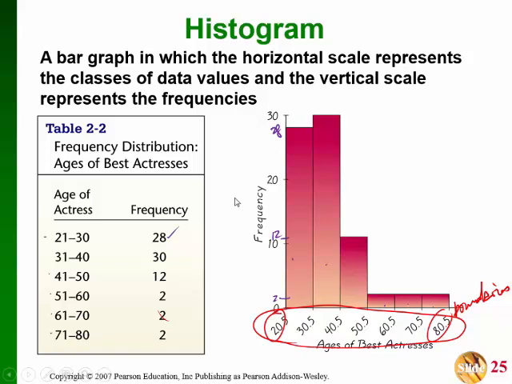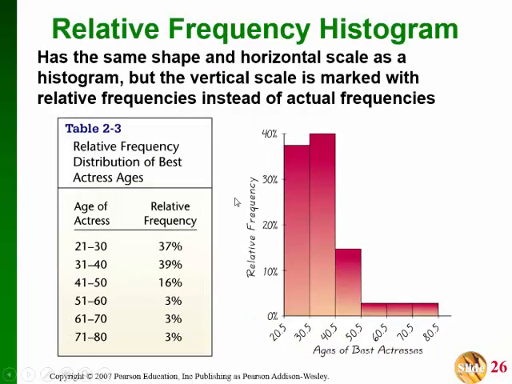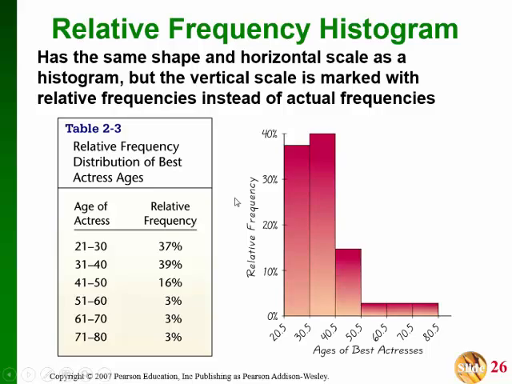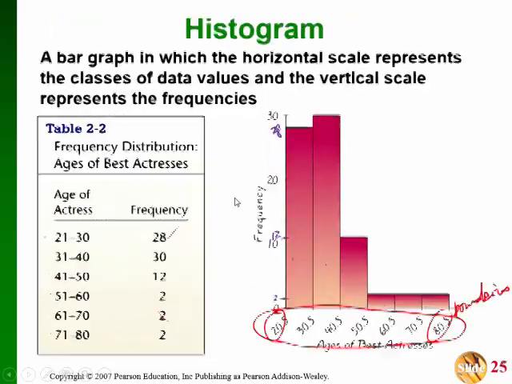So really the whole reason for drawing the histogram is to be able to visualize these numbers into a distribution. But it turns out that a relative frequency table gives you a good visual because, like I mentioned before, it's all out of 100%. And so you can see where the percentages are large and small.